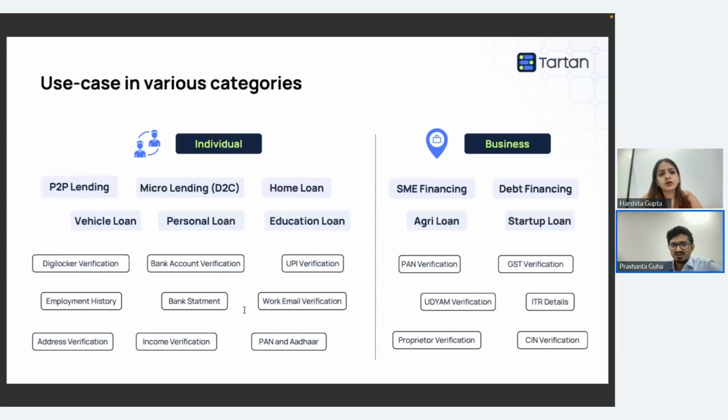But in case of, let's say, small SME businesses or whichever company doesn't have an HRMS associated with them, how does one go about getting income and employment verification for them? Through OCR.